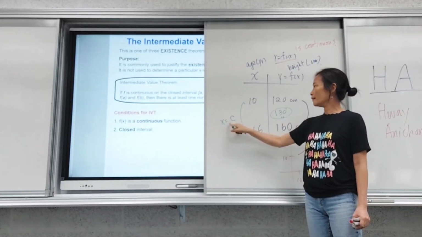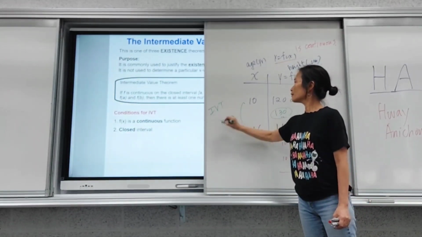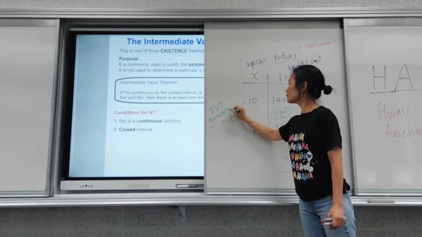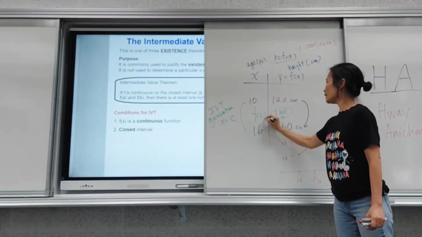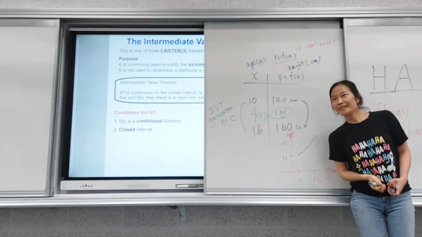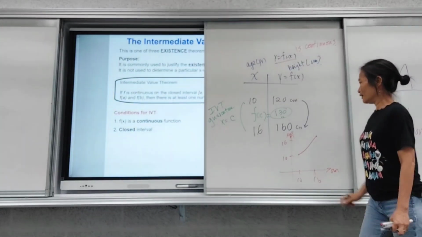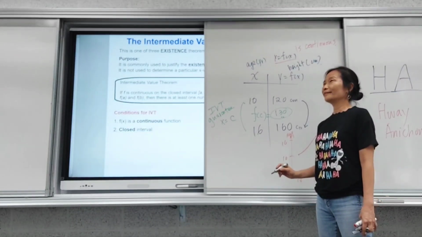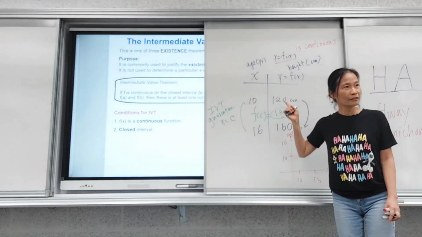So what does that mean? I can guarantee I can find a value C where f of C is equal to 130. Is that understandable? Can I guarantee that there is a certain age that her height is 100?